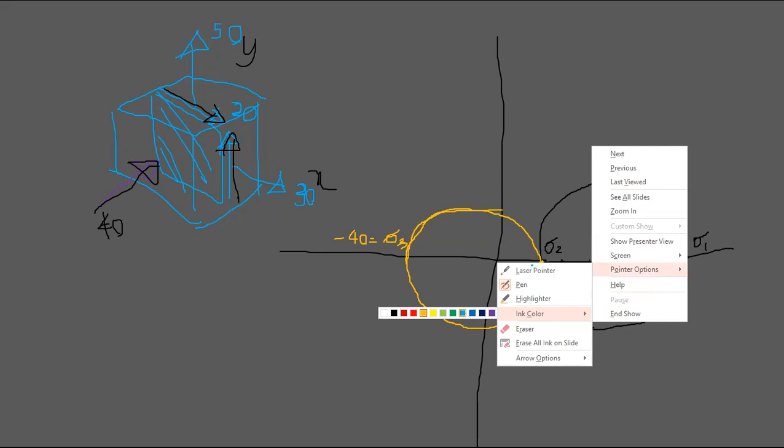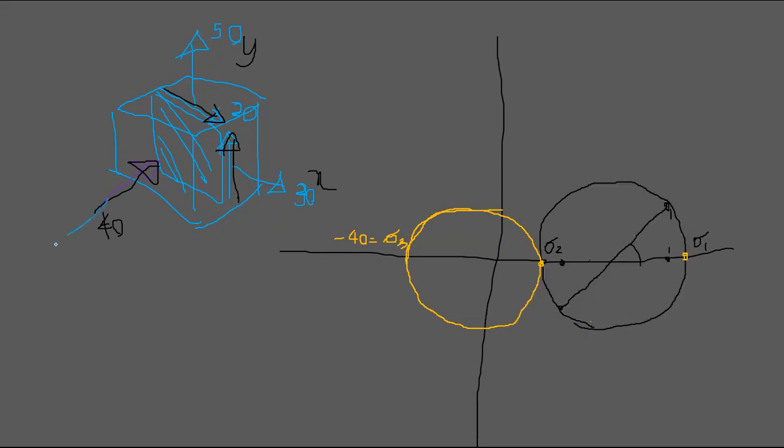And for sigma 3 and sigma 1 you have another circle, right? And this will be your absolute maximum shear stress, right? Again, you can find sigma 1 minus sigma 3 divided by 2.